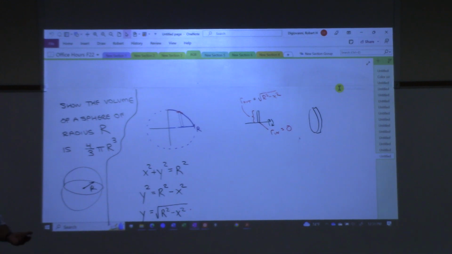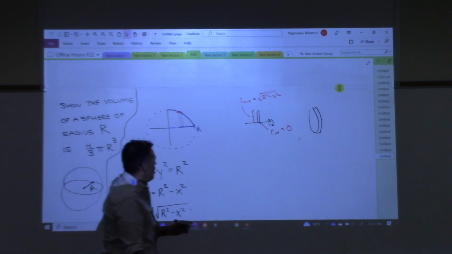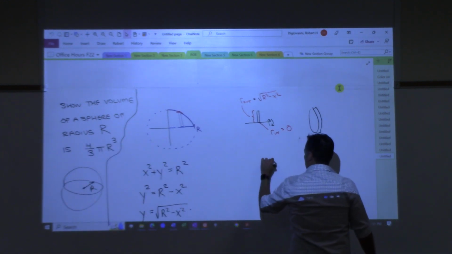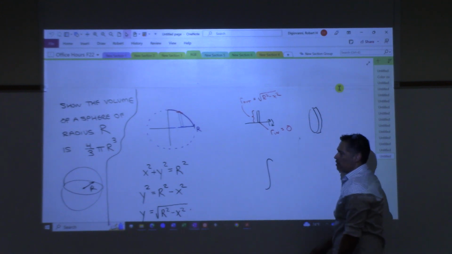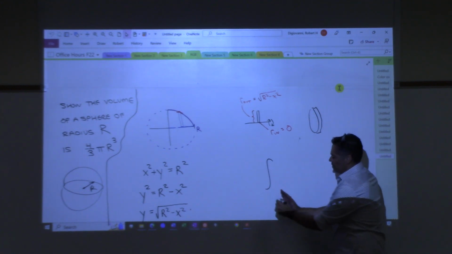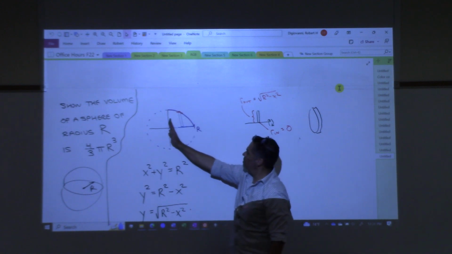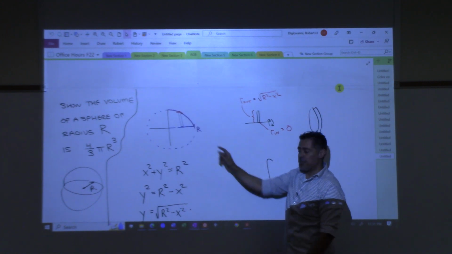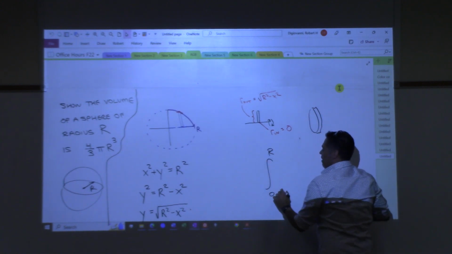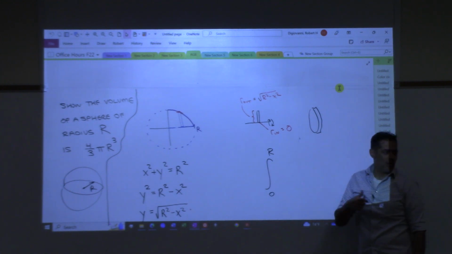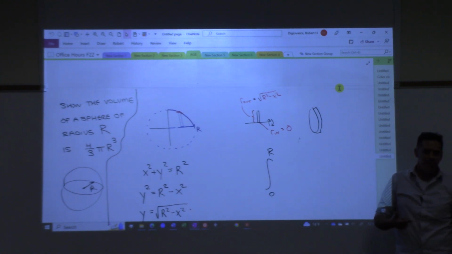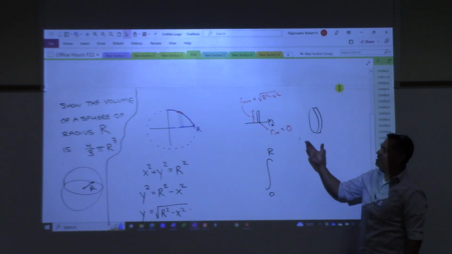All right, just go to the formula now. The volume of this should be the integral from, be real careful here, integral from where to where? 0 to capital R, right? That's where we're going to stop. And then it's going to be the outer radius squared, thank goodness, right?